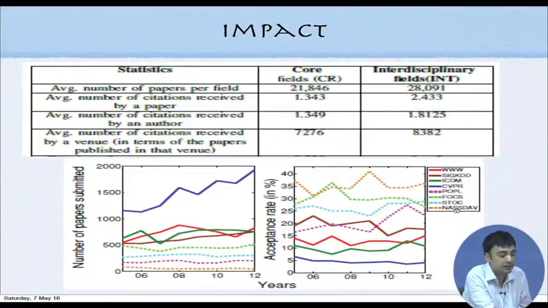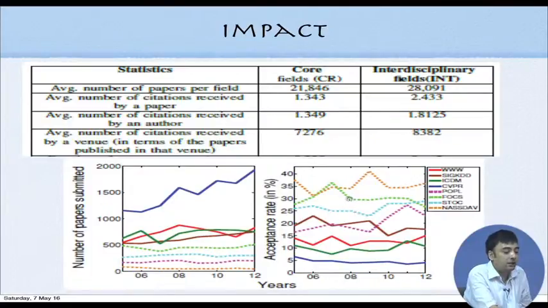in operating systems. Now if you see on the left hand side, we show the number of papers that are submitted to each of these conferences as you go over the years. What you see is that the number of papers that are submitted to the interdisciplinary areas is way higher than the number of papers that are submitted to the core areas of computer science.